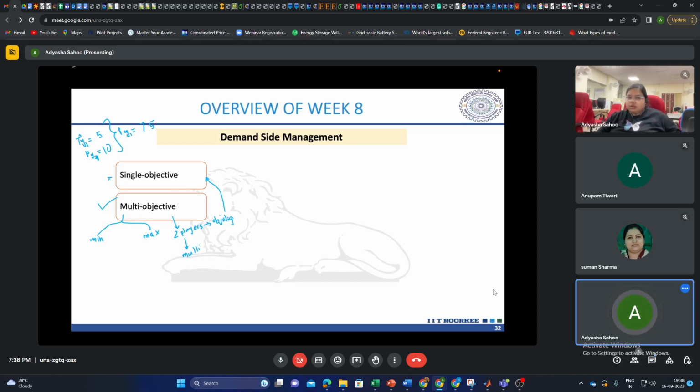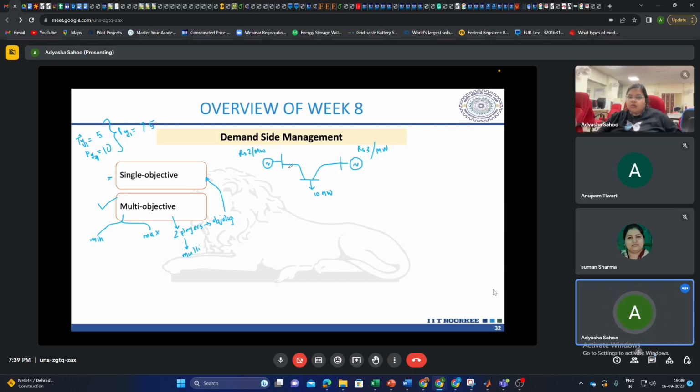So actually I had a problem here for example. Let's say you have a 3-bus system with 2 generators, and we have a load here of, let's say, 10 megawatt, and the cost of production here is rupees 3 per megawatt, and here it is rupees 2 per megawatt.